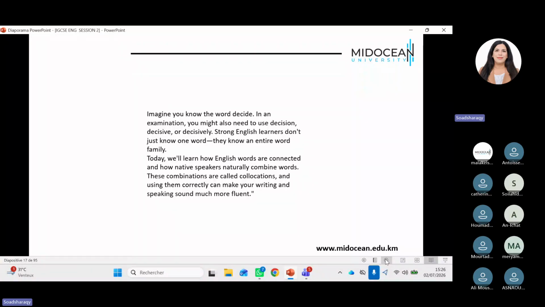So today, we will learn how English words are connected and how native speakers naturally combine words. So these combinations are called collocations, and using them correctly can make your writing and speaking sound much more fluent, okay?